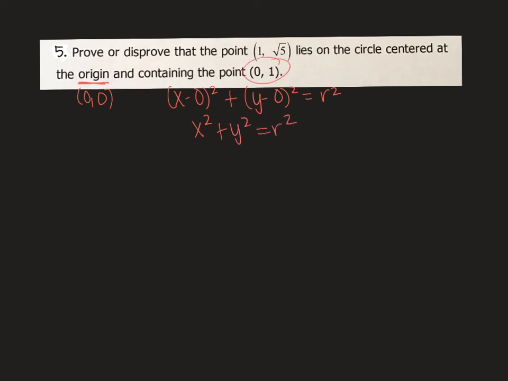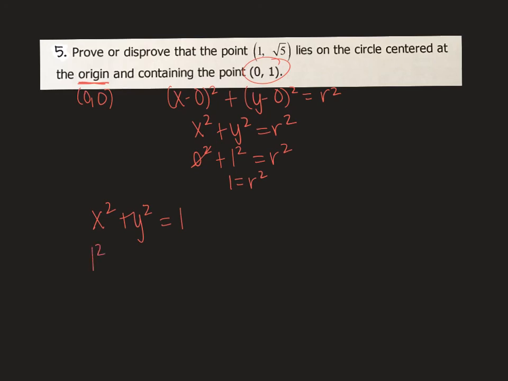We know it contains the point (0, 1). So if I plug that in for x and y, 0 squared is 0, 1 squared is 1. So my equation is x squared plus y squared equals 1. If I plug in (1, square root of 5) for x and y and it equals 1, it's on the circle. If it equals anything else, it's not.